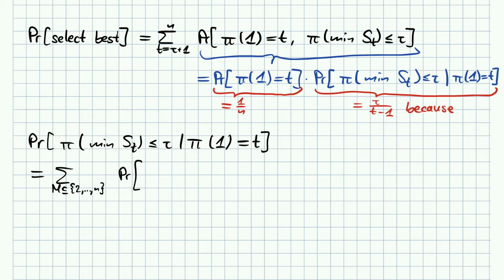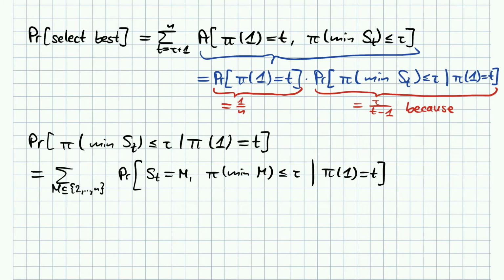And now we're interested in the probability that S_t is equal to M and pi of the minimum of M is at most tau, and then we're conditioning on pi of 1 being equal to t. Here we are saying that M is only a subset of 2 up to n because 1 cannot be included in the set S_t. S_t, recall, is everybody who arrives before time t, and we're conditioning on 1 arriving at time t. So this is why we only take a subset of 2 up to n.